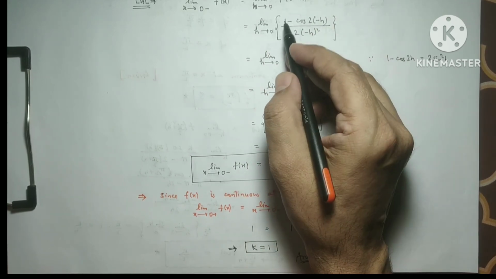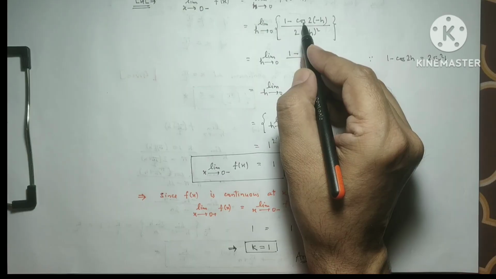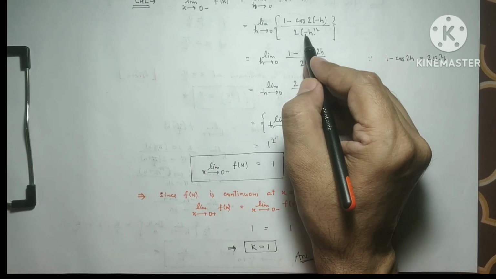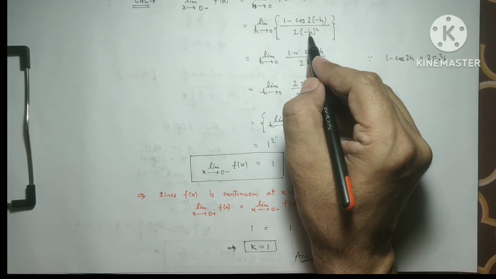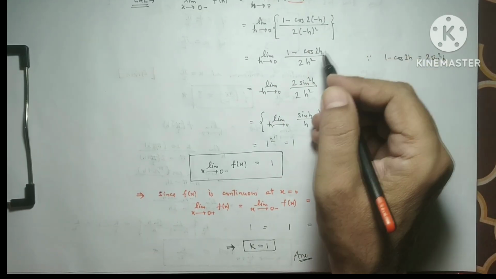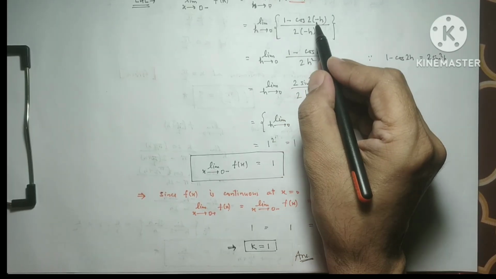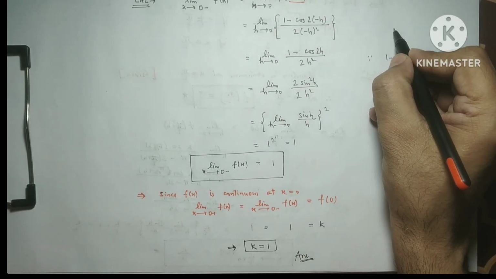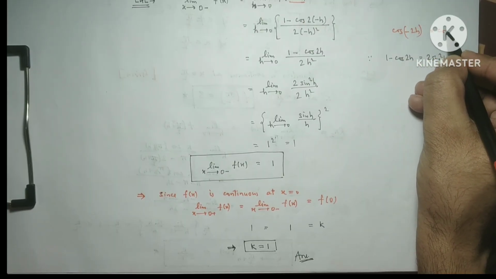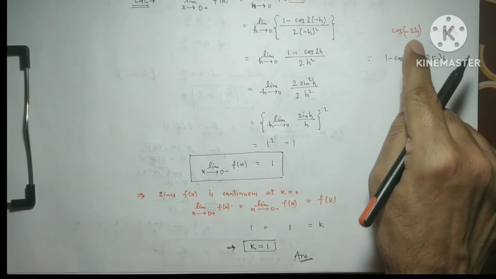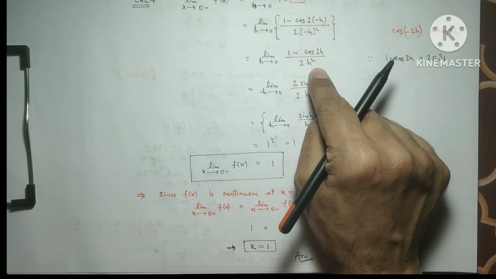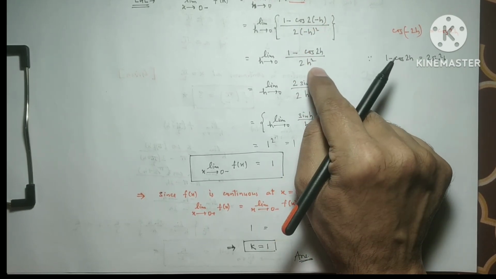In the function, we have 1 minus cos twice of 0 minus h, that is minus h, and 2 times minus h square. So we get 1 minus cos of minus 2h, which is cos 2h. In the fourth quadrant, cos is positive, so it is cos 2h over 2h square. It is negative square, so it becomes positive.